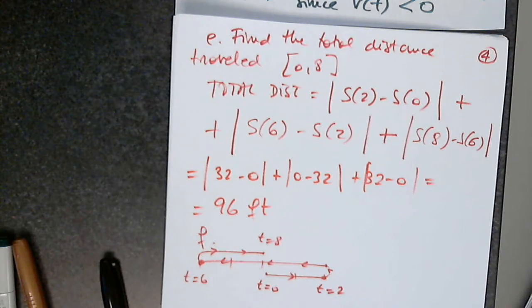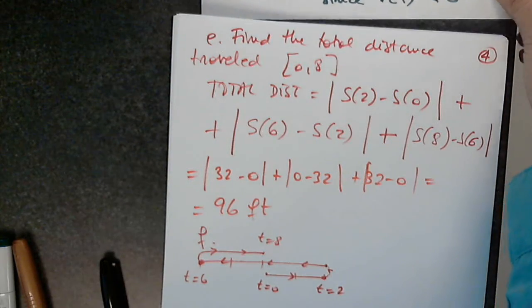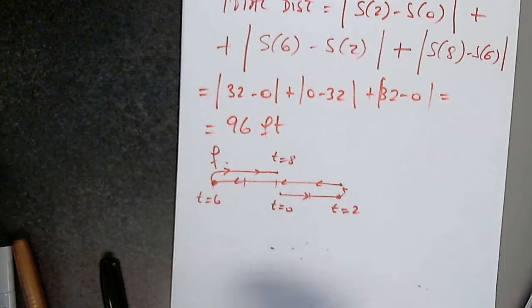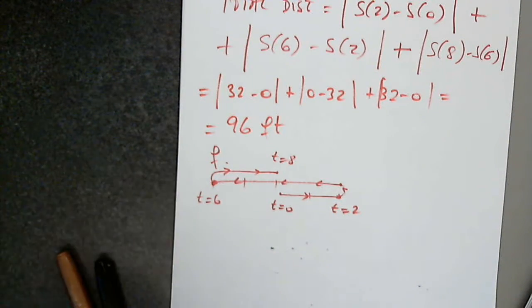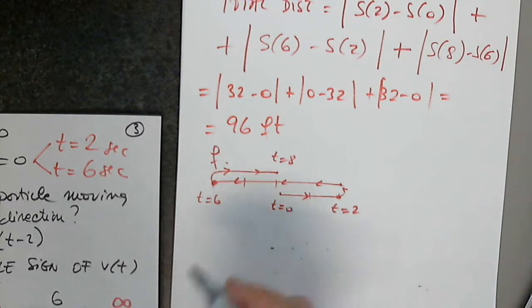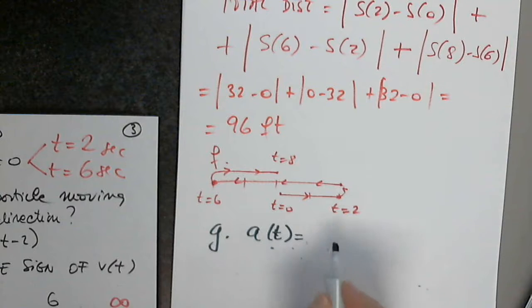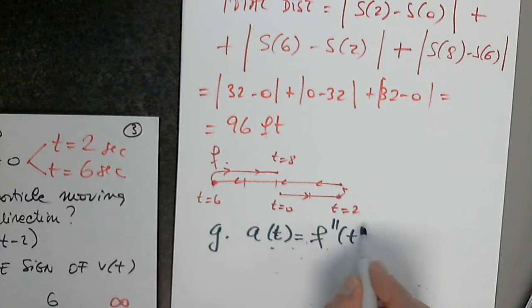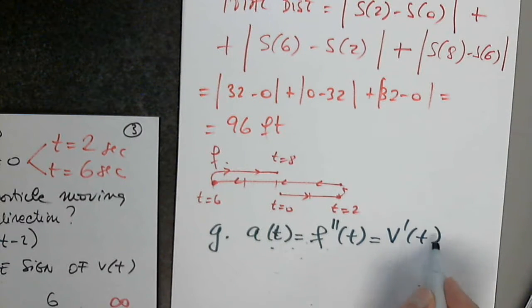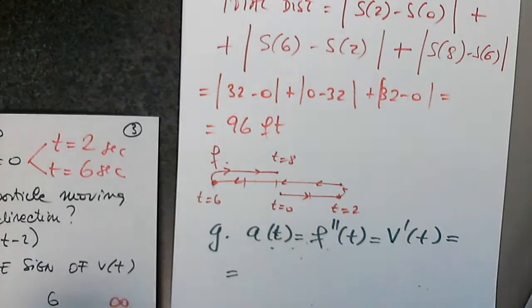Find the acceleration at time t and after 3 seconds. We're asked in the next G to find the acceleration. A of t equals f double prime of t or v prime of t. The acceleration is the rate of change of velocity.